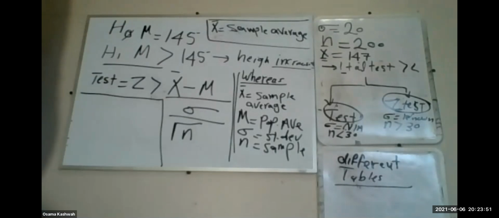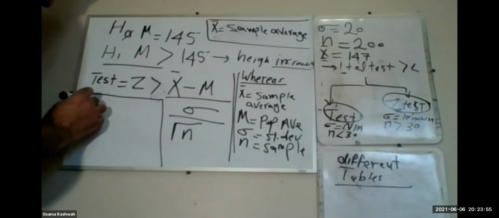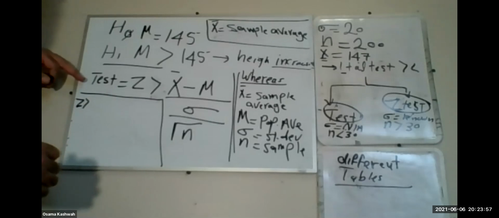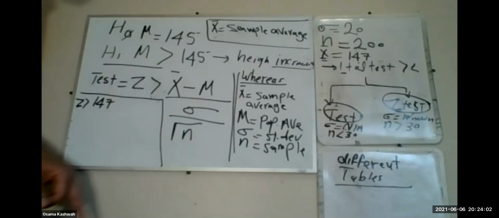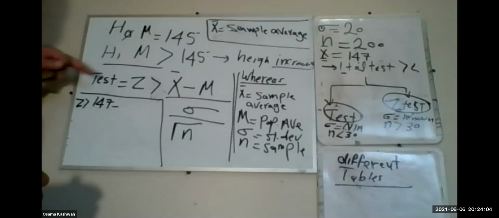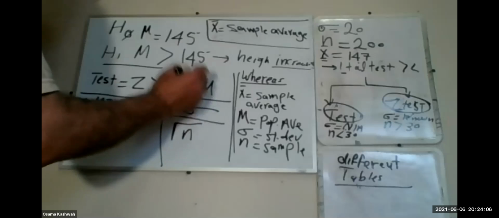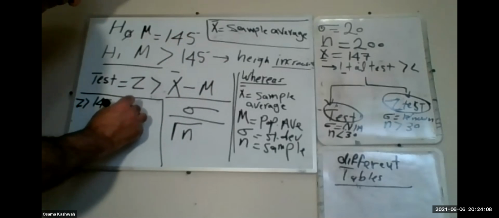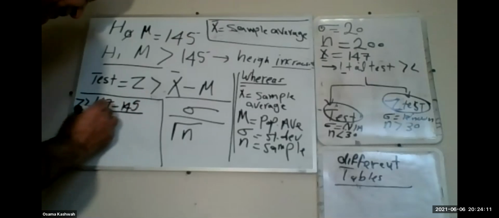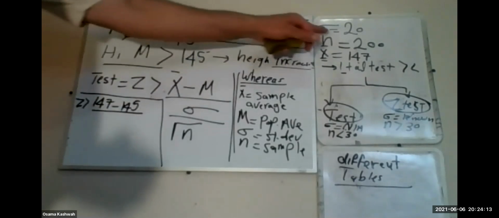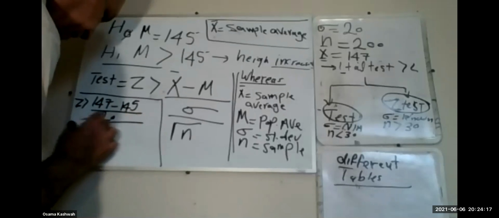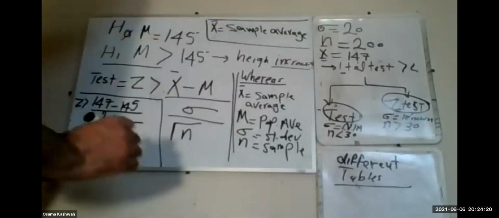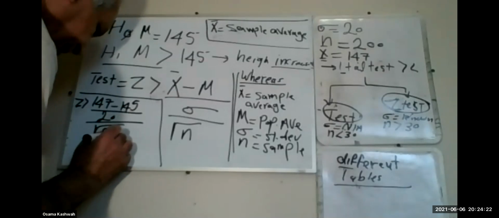Perfect. Now when I substitute, Z equals X bar, which is 147 in the example, minus mu, which is 145, divided by sigma, which is 20, divided by the root of 200.